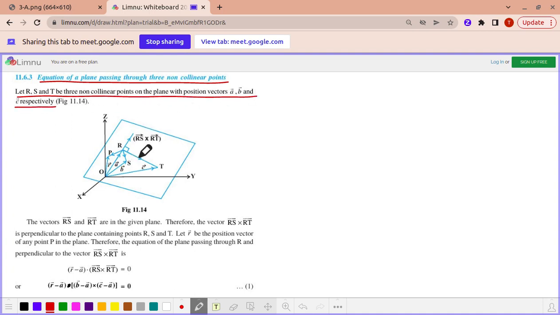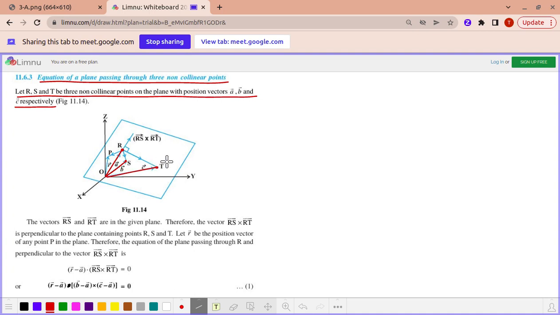So that means, dear students, this is the point R, this is the point S and this is the point T. And the position vector for the point R is OR. So this is the vector OR, that is a. This is the vector OS, it is b, and this is the vector OT, it is c.